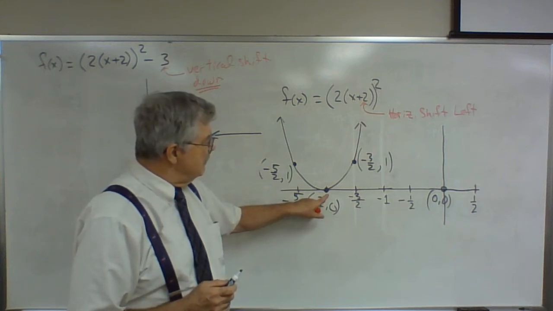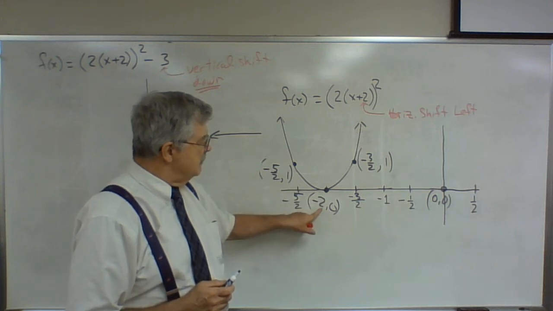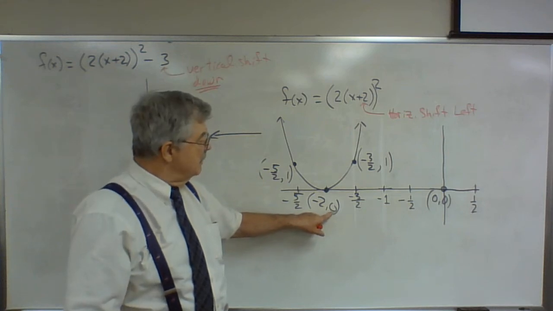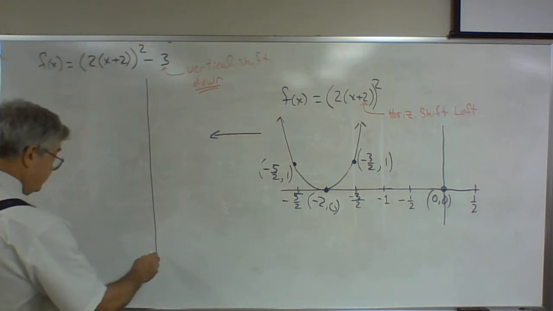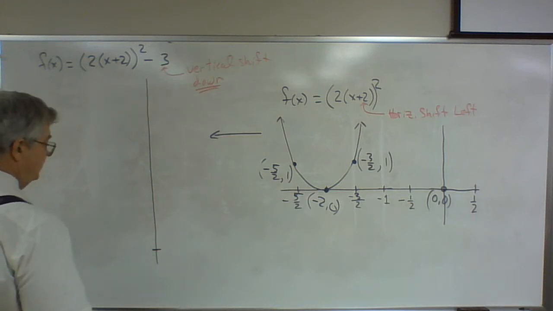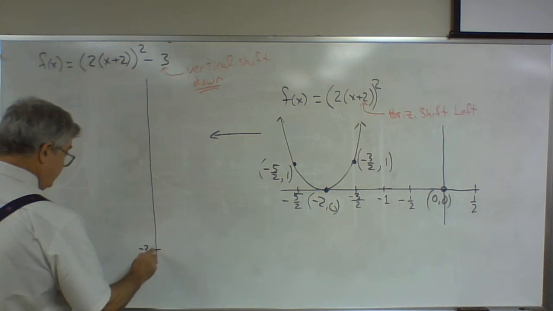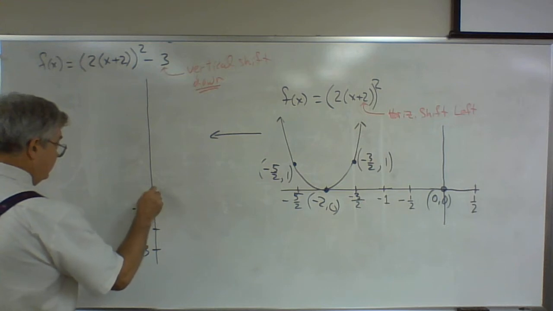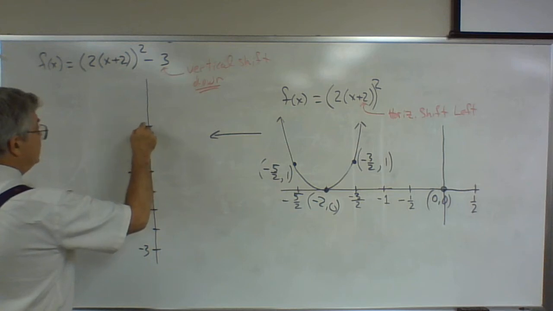So let me figure out where this point goes. The x coordinate's going to stay the same, but we're shifting it down 3 units. So we're going to subtract 3 from the y coordinate here. So we got a -3 right here. Holy moly. -3, -2, -1, 0.